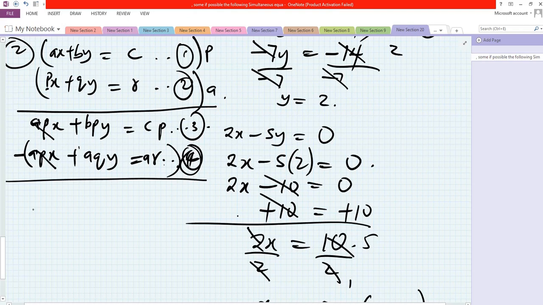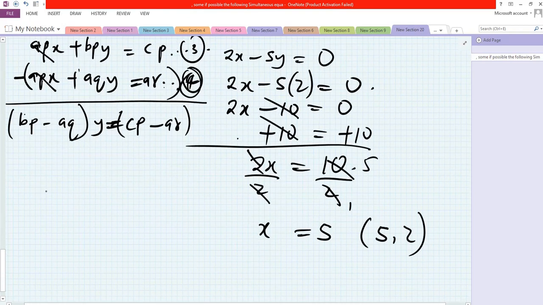Then you're left with (pb minus aq) times y equal to cp minus ar. So you're left with this.